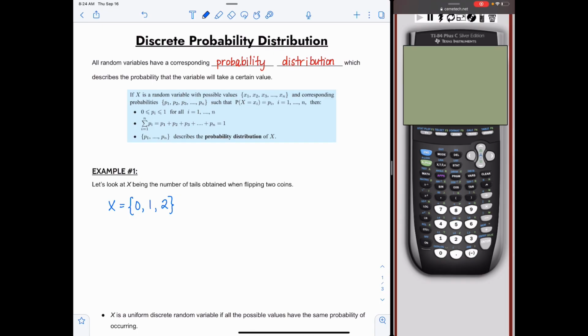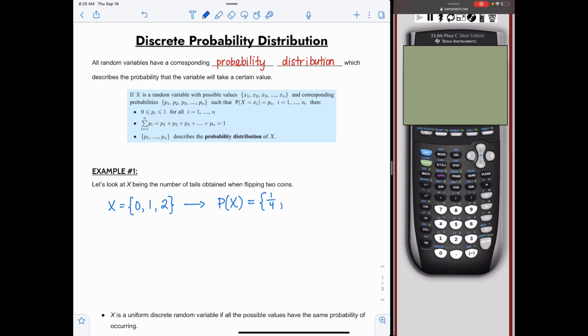So now if we look at the probability of x being a certain number, let's say if I have no tails, I can only flip my coins one way and get no tails. So that's 1 out of 4. If I want to get 1 tail, it could either be coin 1 gives me the tail or coin 2 gives me the tail.